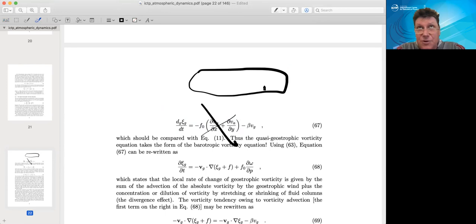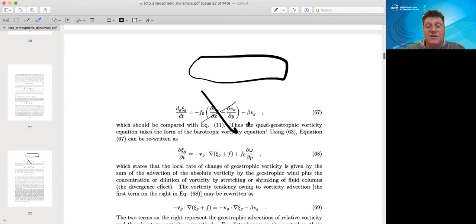It's not entirely true, because we will come back to this term when we consider the forced type of Rossby waves, but for the free Rossby waves that we will first consider, this term is set to 0. So the only terms we consider is the conservation of absolute vorticity, the interaction between the absolute and the relative vorticity.